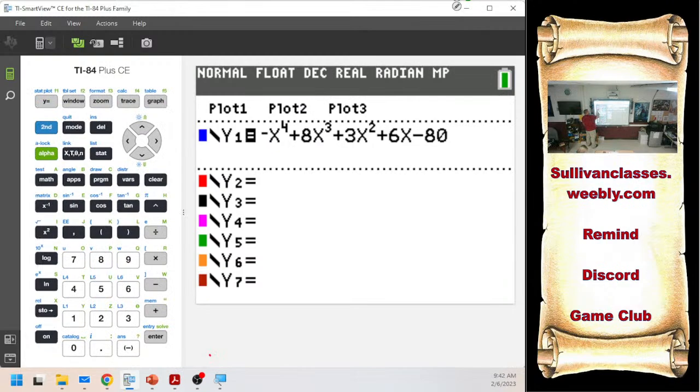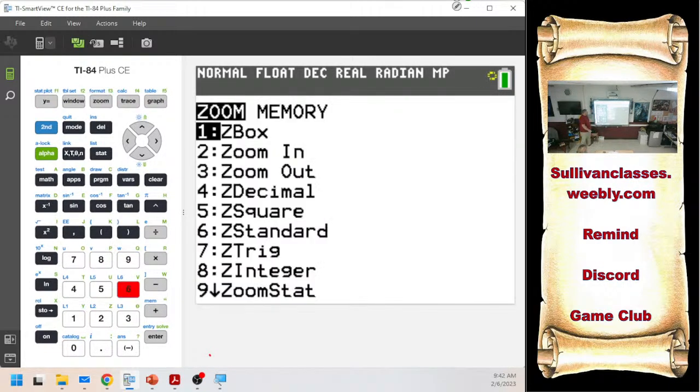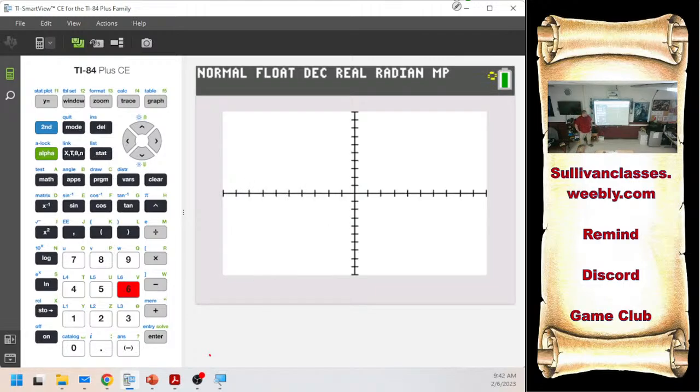Okay. Now, I could zoom 6. I could just look at my graph and say, well, it appears to go in these directions. I don't see the rest of my graph.